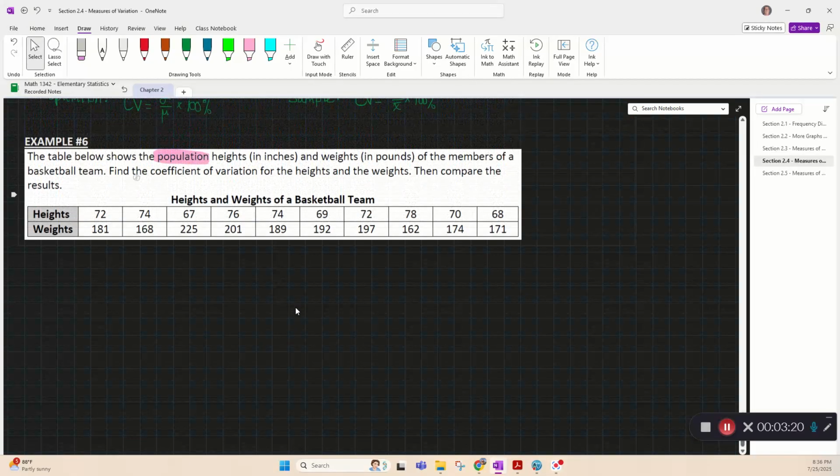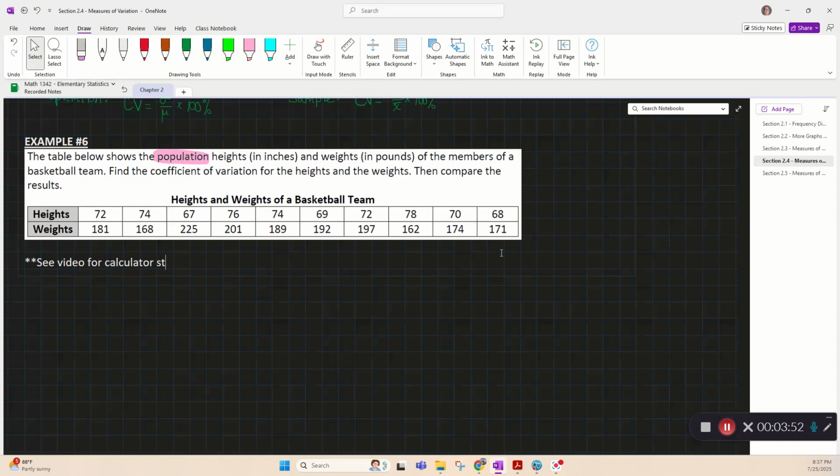The good news is, if you've made it all the way through this section, you are tired of calculating things by hand. So the good news for this one is we're going to do a lot of stuff in the calculator. So I'm going to make a note here for those that are just trying to look at the notes: see video for calculator steps.